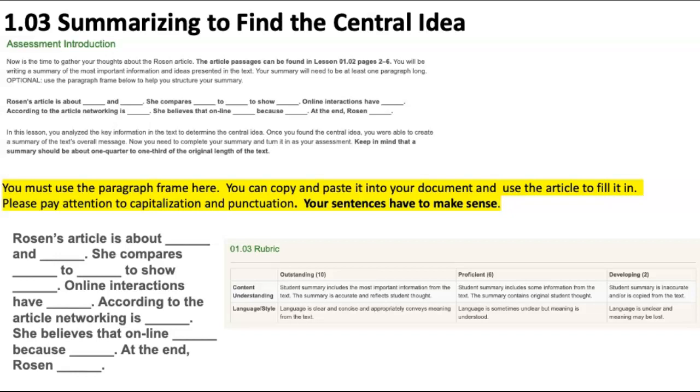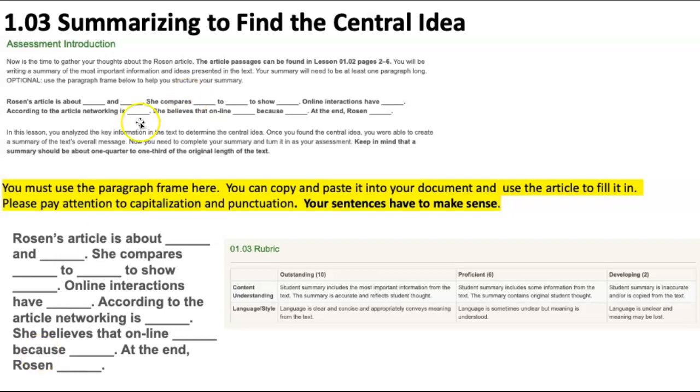You're not retelling the entire thing. You are gathering several key points that the author wants to relay to the reader, and you are giving those key points in a paragraph. Because this might be new to some of us, we are going to use the paragraph frame that you see right here.